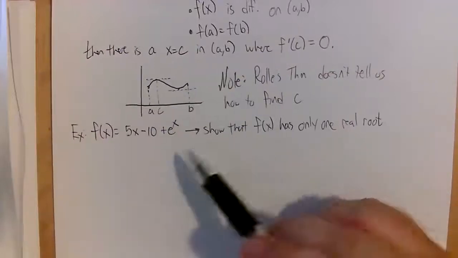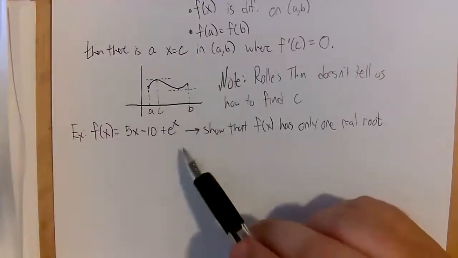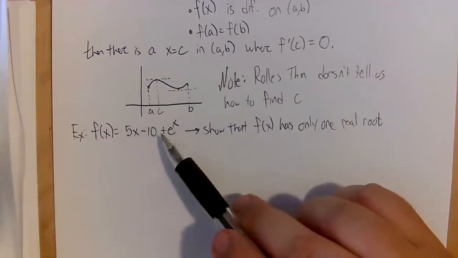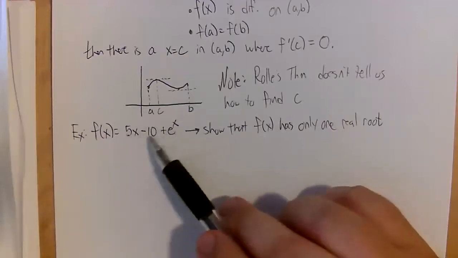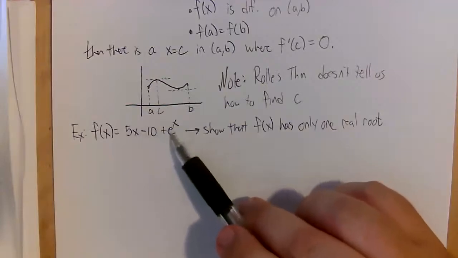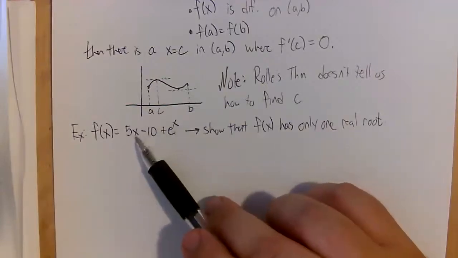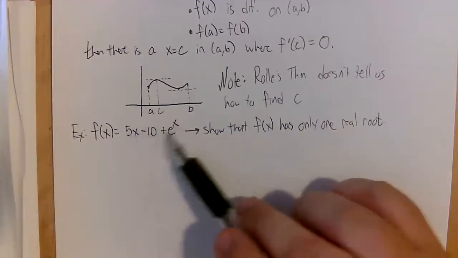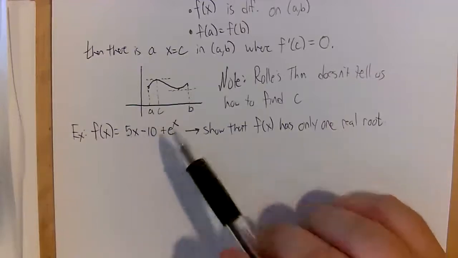Now you might be like, okay, why don't we just set this equal to 0 and see where that's going to happen? Unfortunately, we can't algebraically solve this equation here. That's not going to work out, because anything that will undo this exponential right here will turn this part into a natural log. So I don't think there's going to be an algebraic way of solving this equation.